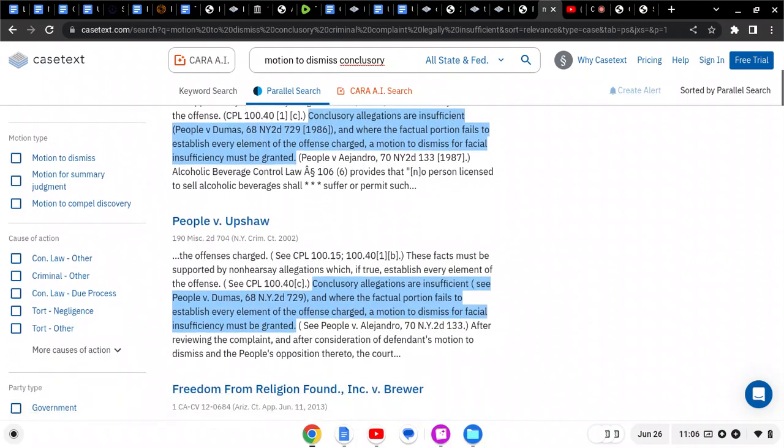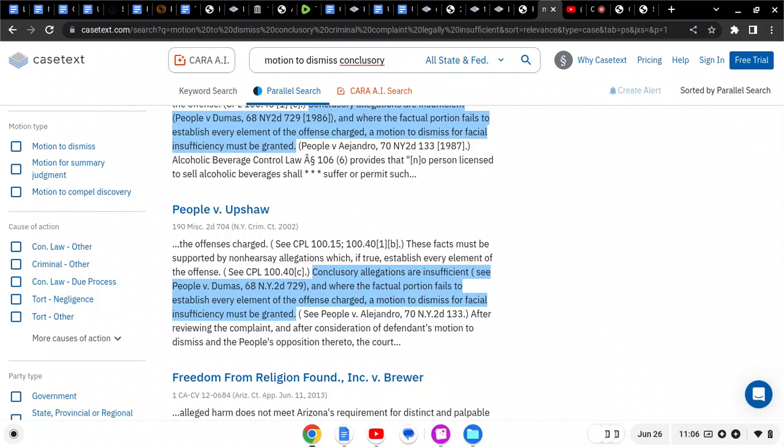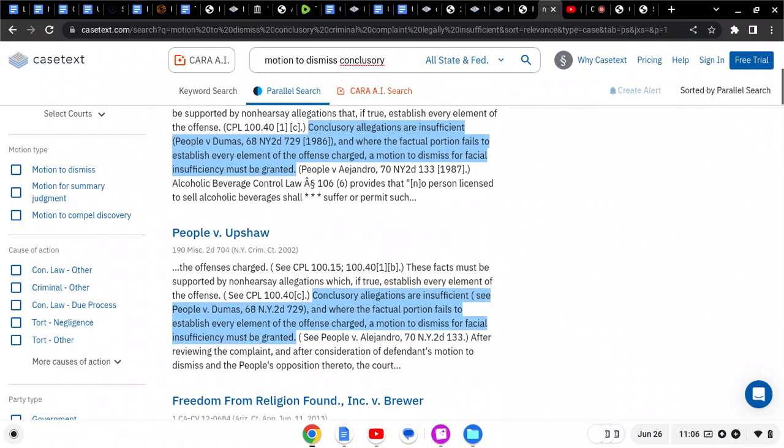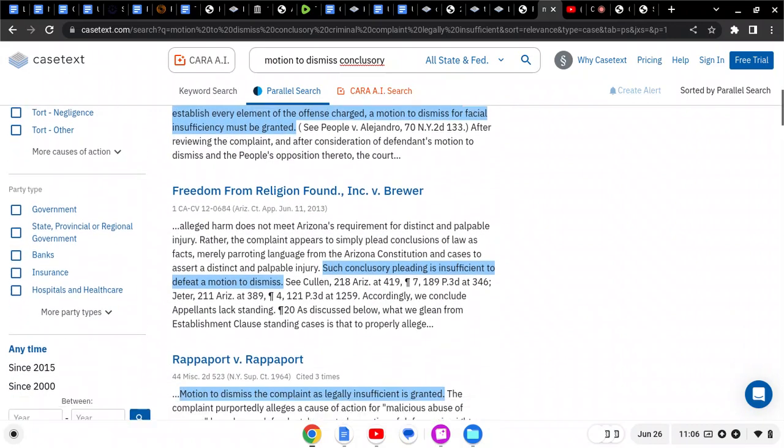You should file a motion to dismiss on that. But if you want to know the elements of the so-called crimes, you're going to have to read cases. That is what you're going to have to do.